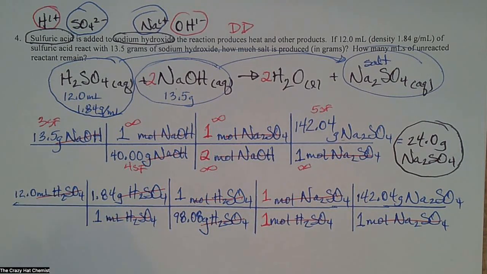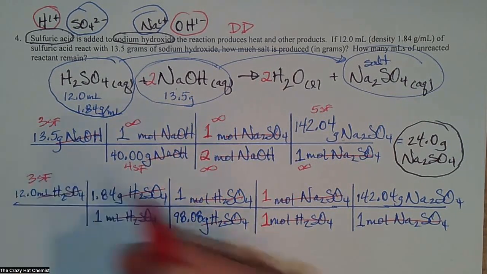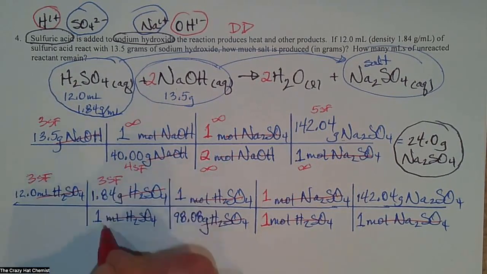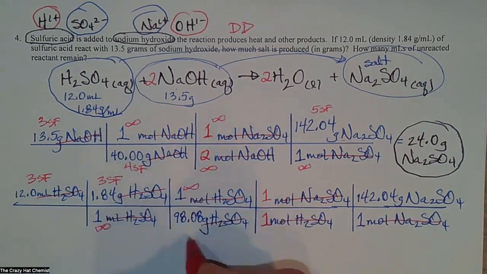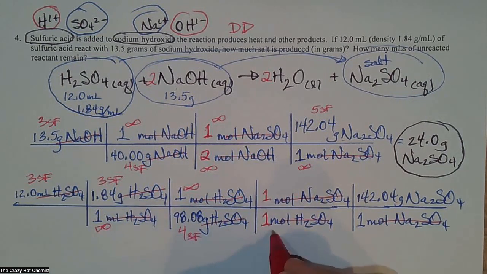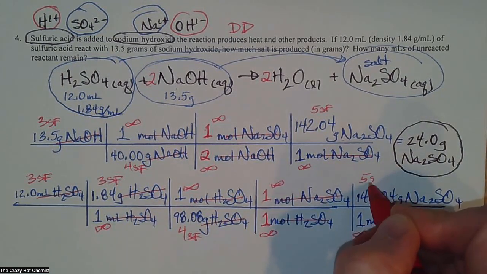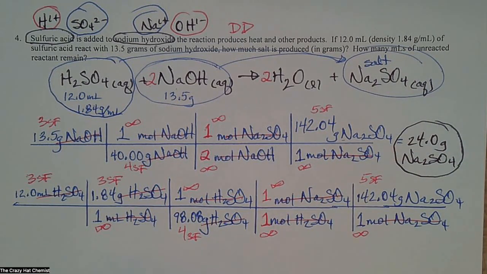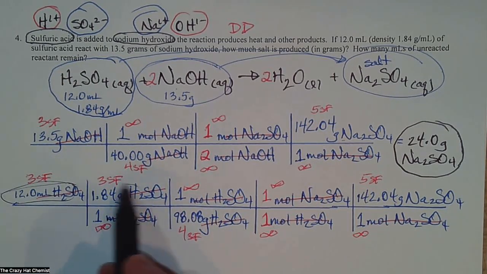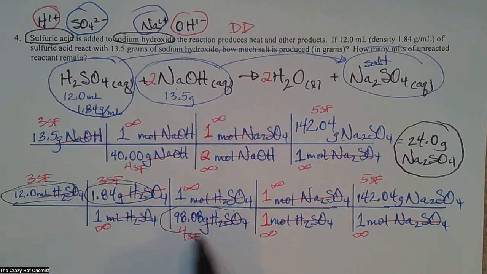I'm looking at significant figures. I have 3 significant figures. I have 3 significant figures. That's infinite, infinite, 4 significant figures, infinite, infinite, infinite, and 5 significant figures. So the fewest number of significant figures I have is 3. So I am going to take the 12 times 1.84 divided by 98.08 times 142.04.